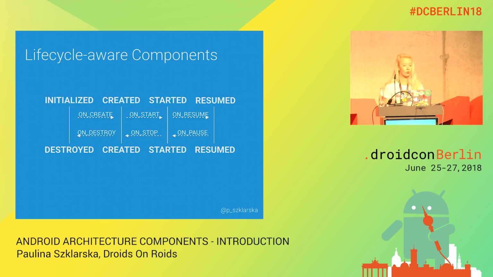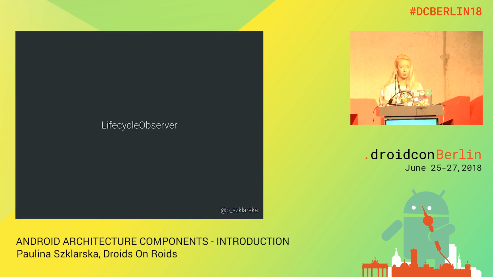A lifecycle owner can be in different states: initialized, created, started, resumed, and destroyed. And between those states, it can emit events. A lifecycle observer can subscribe to observing those changes, so we'll be notified every time there is a change in a lifecycle. And this is an example from code.